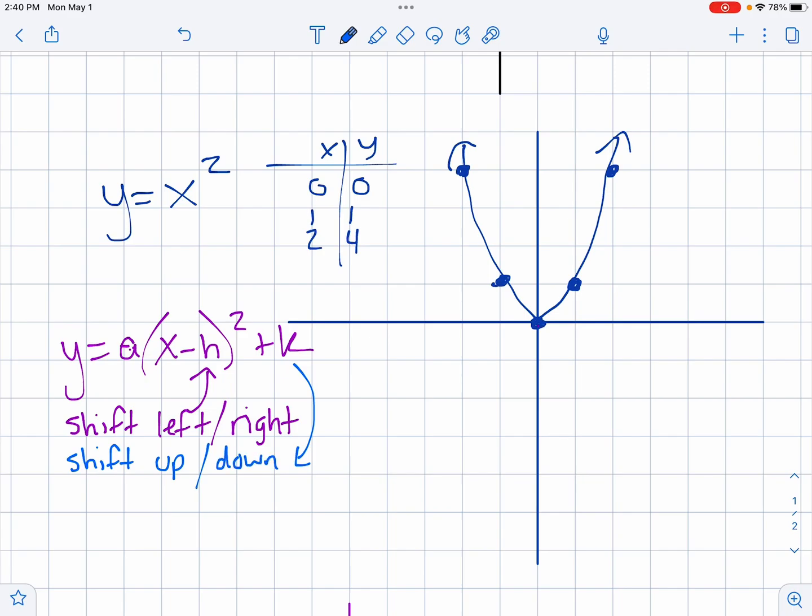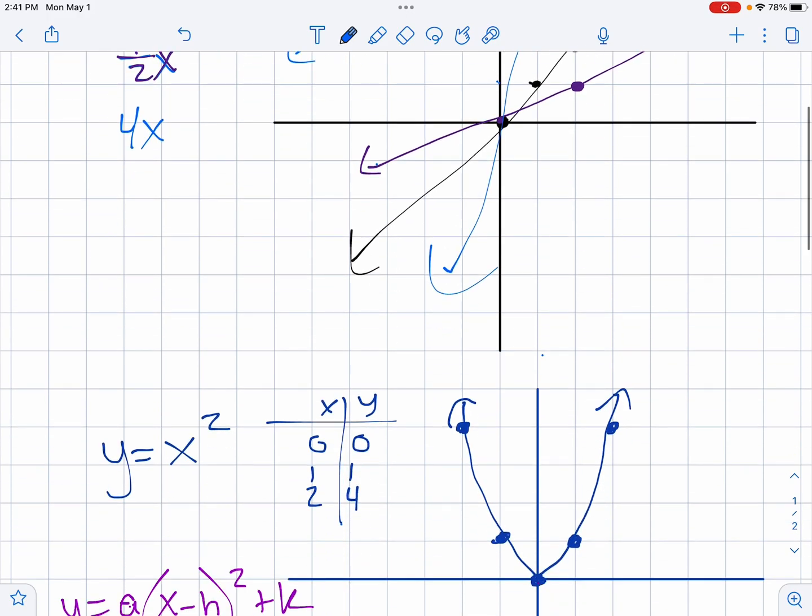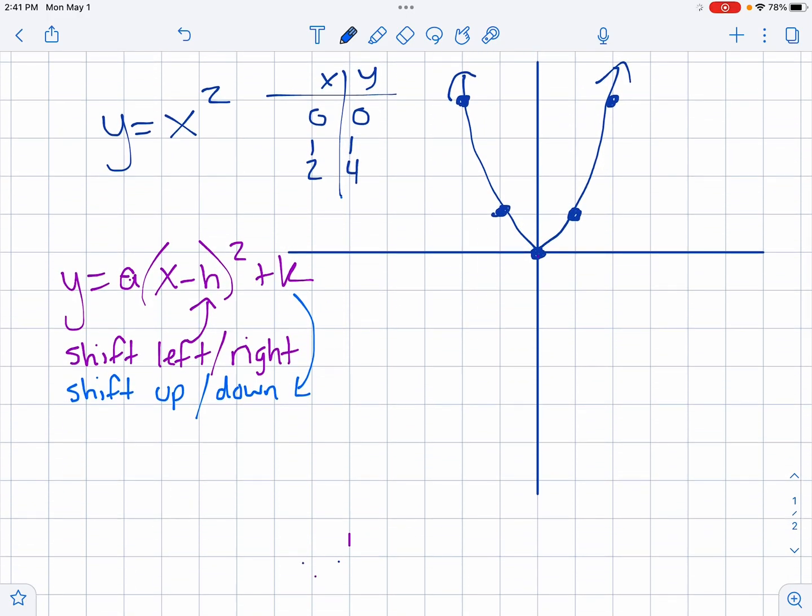Now, what does that a out in front do? That a, look at our slope up here. The a either grows slower, or if I had done 4x, we could have gone up 1, 2, 3, 4, and then we're growing faster. So down here, exact same thing. If the a is between 0 and 1, it widens.